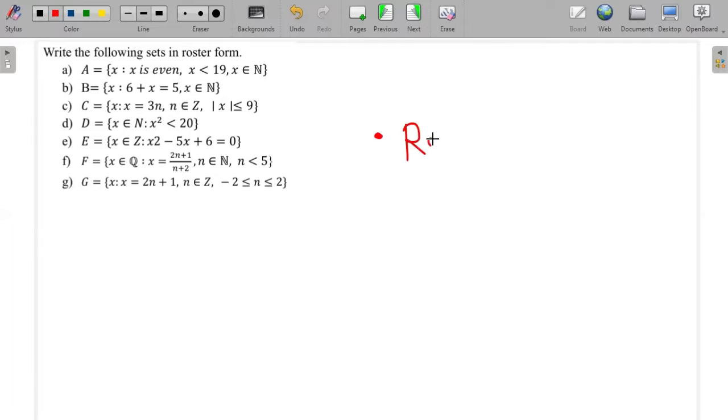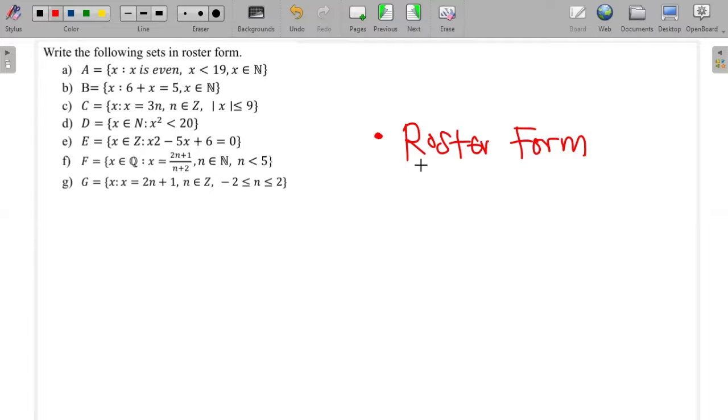The first one is what we call the roster form. We can represent a set in terms of the roster form, and this is what is most common. We start learning about the roster form as early as grade 1.